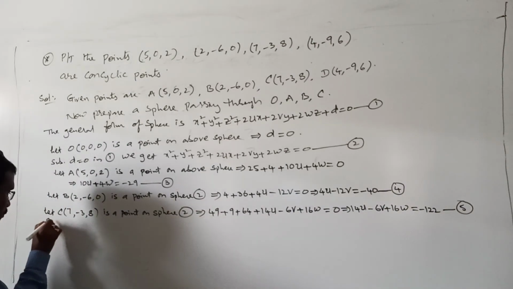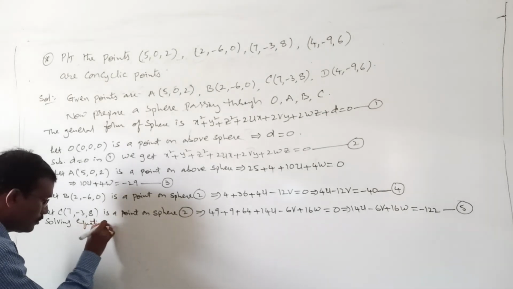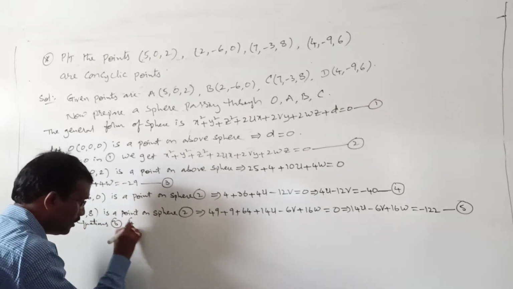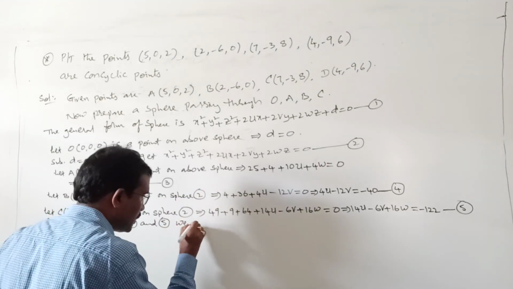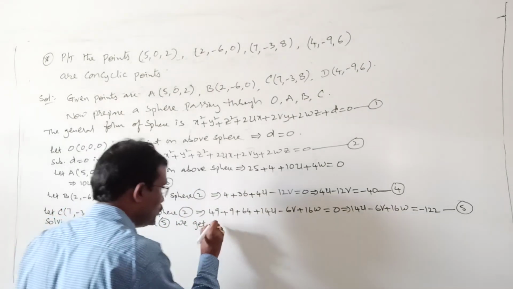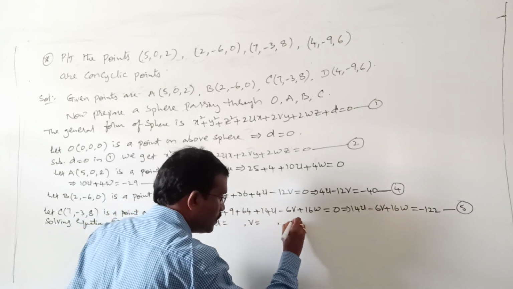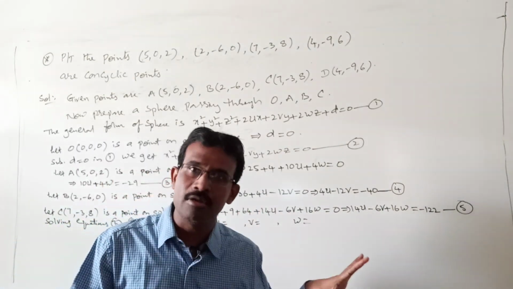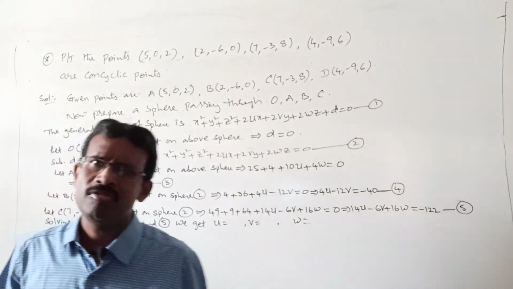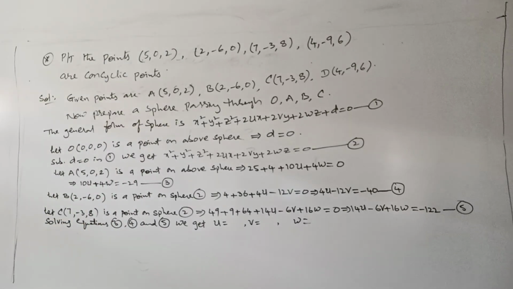Solving equations 3, 4 and 5, we get, I am writing directly the values of u, v, w. You solve. In our material I gave complete simplification, I did complete simplification in that. Once see there, easily you can understand. But here I am going to write directly the u, v, w values.